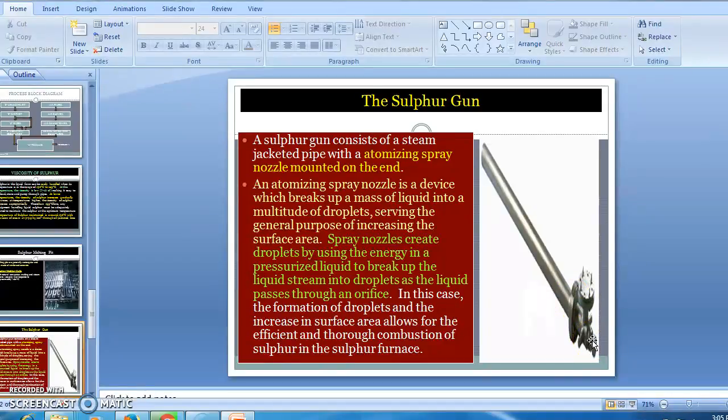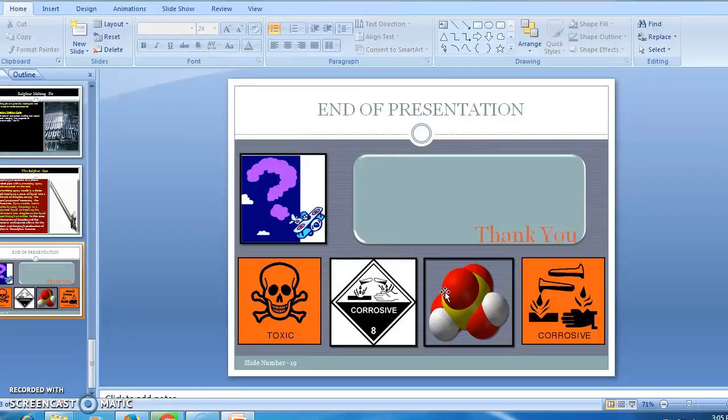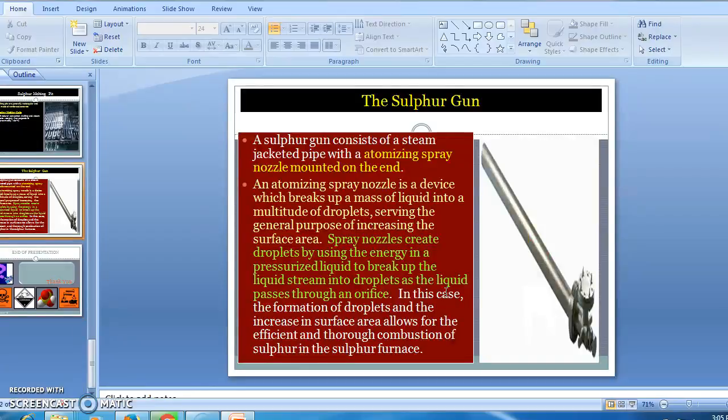It is sprayed, gets into contact with oxygen at high temperature, and gets oxidized to sulfur dioxide. Okay, so this is regarding sulfur dioxide. In the next video, we'll talk about sulfur dioxide getting converted to SO3, followed by how you make H2SO4. Thank you so much.